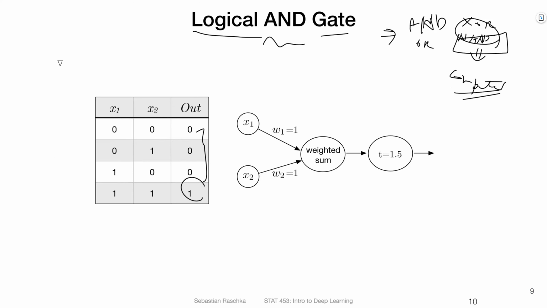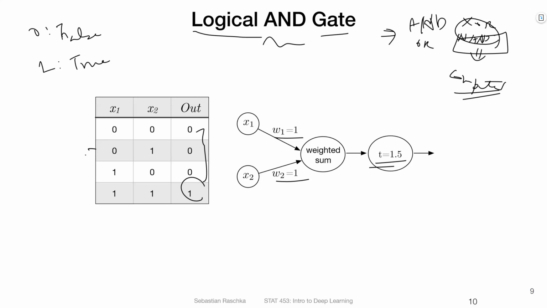So you can view 0 as false and 1 as true. And how do we implement this AND gate using our perceptron? By setting W1 as 1 and W2 as 1, and the threshold as 1.5, we can successfully implement the AND gate.